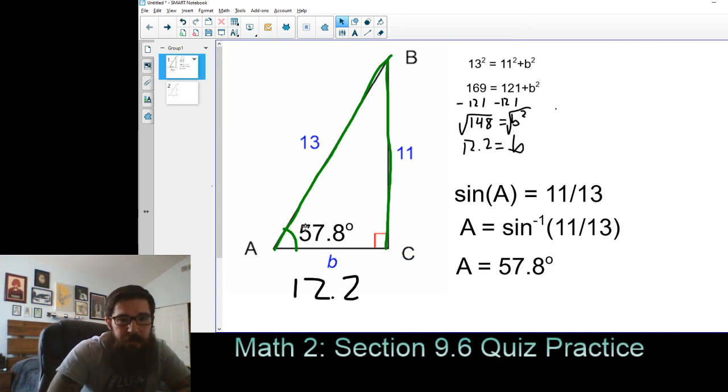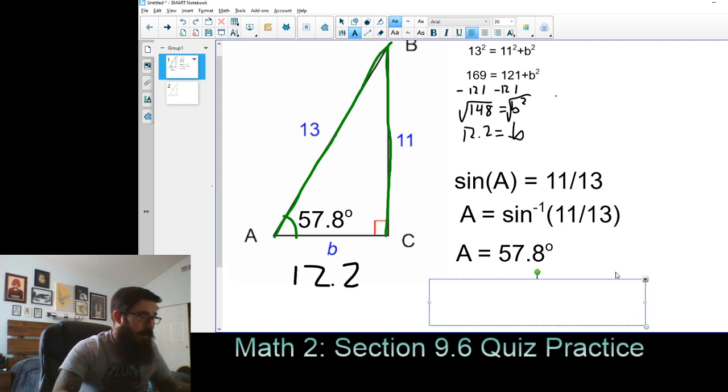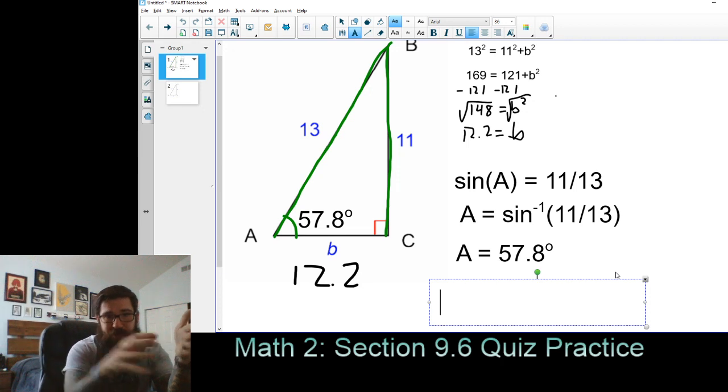I know this angle. If I have this angle at C is 90, A is 57.8, I have one left. You know what I'm going to do every time? I'm probably going to go back and I'm just going to do that 180 minus 90 minus this guy, right? My angle B, because you could look at it as all three angles add up to 180, but I'm just subtracting the 90 and subtracting the 57.8 to do that algebra already.